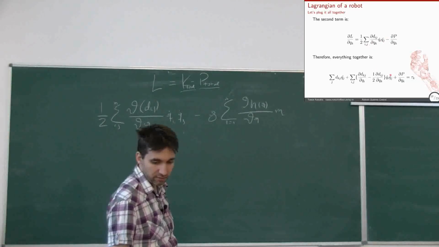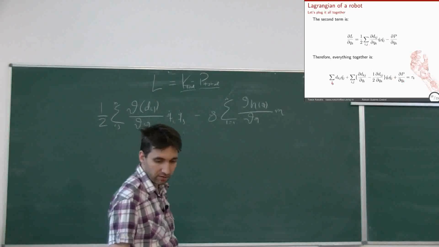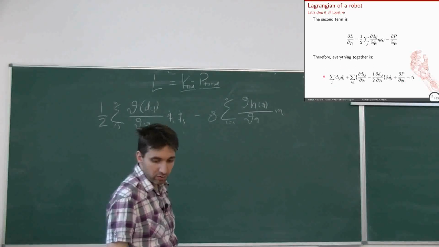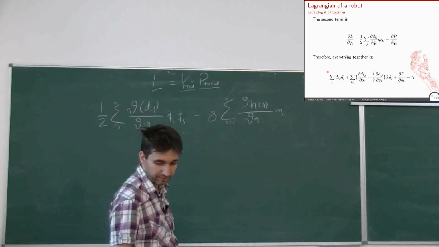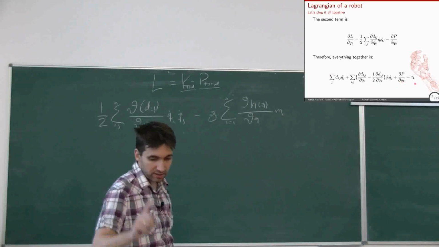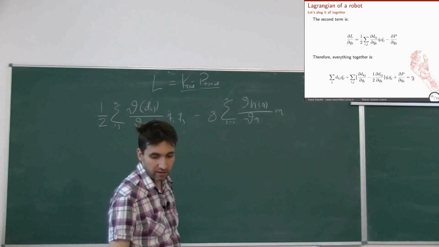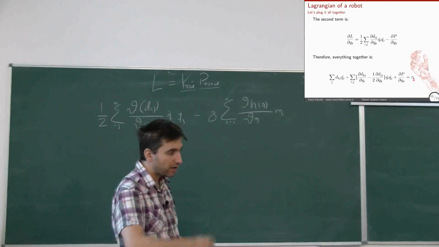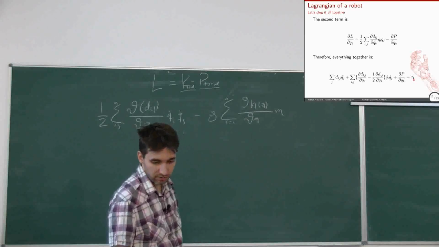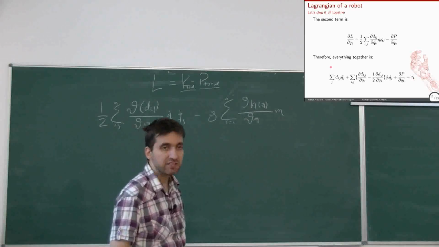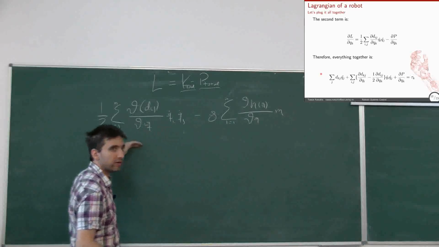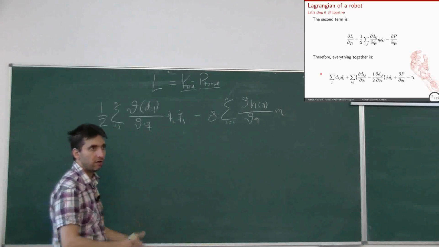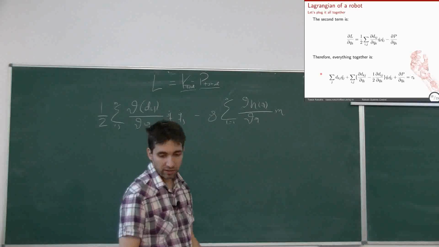Okay, the minus here becomes plus, and overall my equation of motion will have this form. Okay, this is for a specific value of k, where k runs from 1 until n, the number of joints. So in the end I will have a system of equations, one for each joint, which shows me the dynamics of that joint.